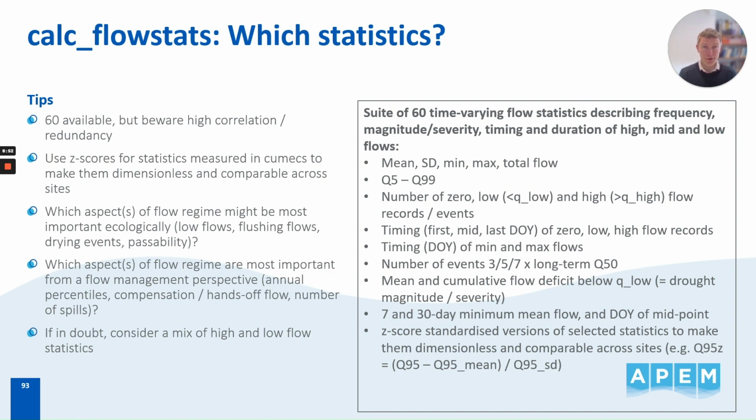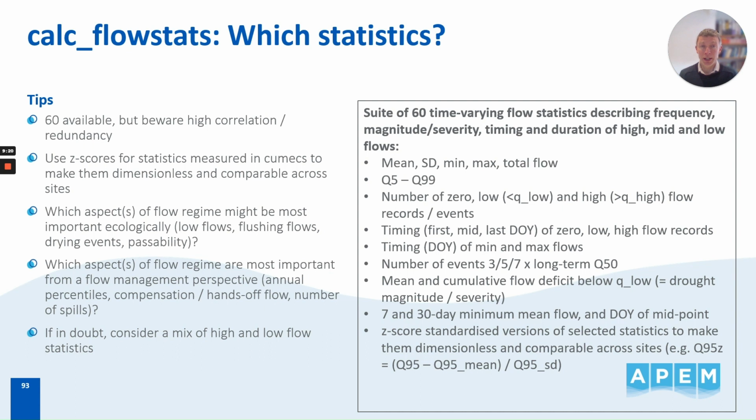When choosing which of the flow statistics to use, we need to think about which aspects of the flow regime are most likely to be important ecologically. So here we may have to draw on previous work, research, or our own expert judgment to think about whether it's maybe the low flows which are likely to be most critical or influential from an ecological point of view. Maybe flushing flows are important for removing fine sediment.